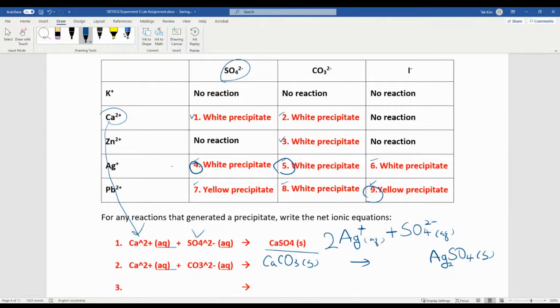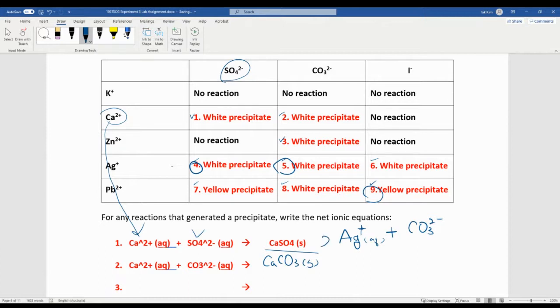And you do the same for silver carbonate, so it should be quite straightforward now, right? So instead of sulfate, I'll put carbonate, CO3 2 minus. So same problem here. We have 2 negative charges here. We have 1 positive charge.